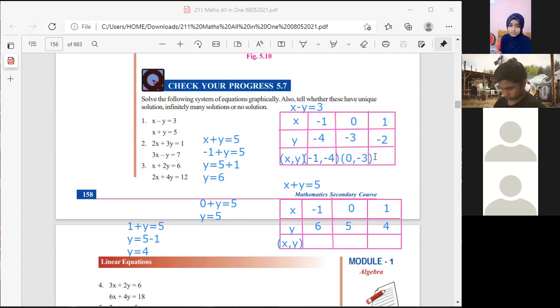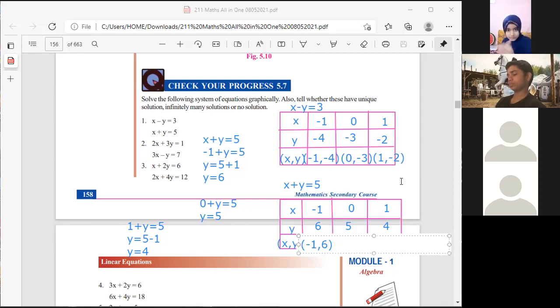My third point is 1, comma, minus 2. Minus 1, comma, 6. Then it is 0, comma, 5. Then it is 1, 4.